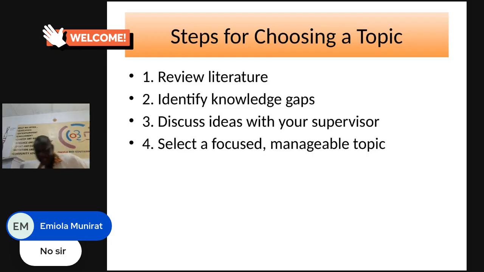The topic you are going to choose should not be one where you do not focus on one area. You want to do your topic in bioinformatics, and at the same time you also want to do it in another research area. That is not what we are saying. So you should select a focused, manageable topic.